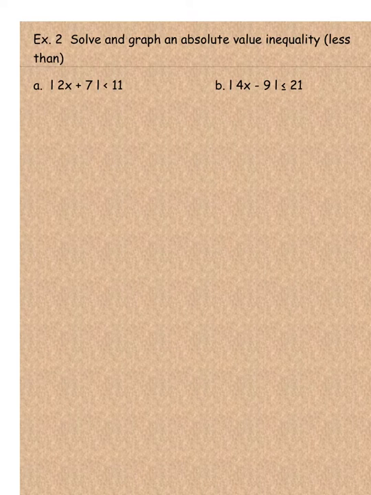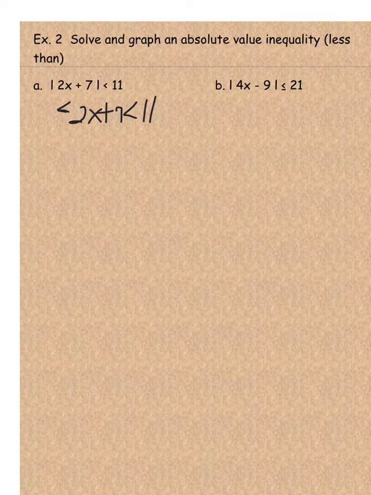Here we want to solve and graph an absolute value inequality. Both of these examples are less than examples. A less than is an and equation or inequality. So we'll look to solve this similarly to the equation that we just saw on the last slide. So we'll have 2x plus 7 is less than 11, and then we will have that it is greater than -11.